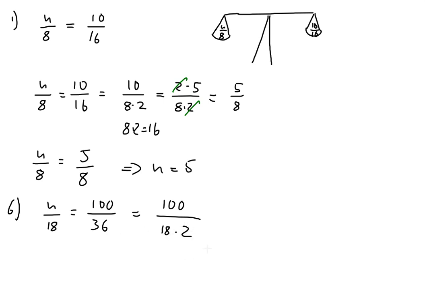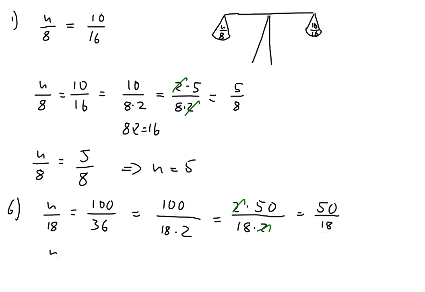Great. Now we have to ask, can we factorize the numerator also by a factor of 2? So 2 times what is 100? It's 50. And we have 18 times 2. And what we can do is to cancel out the 2, and the remaining result would be 50 divided by 18.